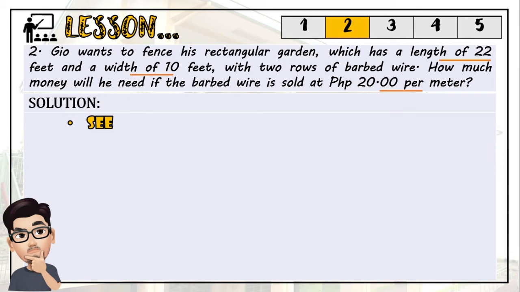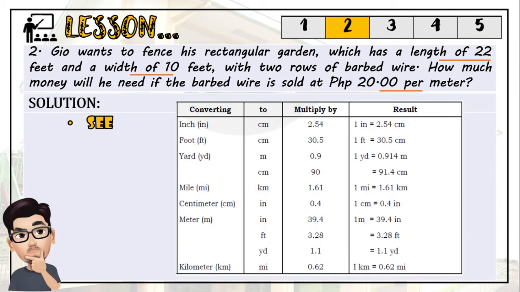But the price of the barbed wire is 20 pesos per meter. Again, we have a different unit and we need to convert it. Okay? So from the conversion table, the meter converted to feet, that will be 3.28.